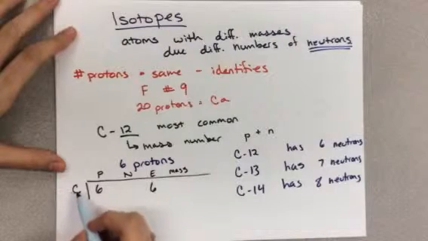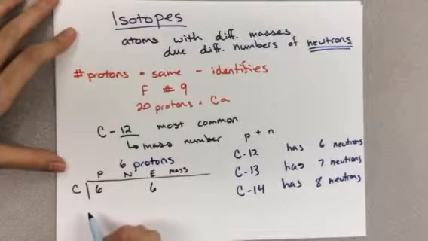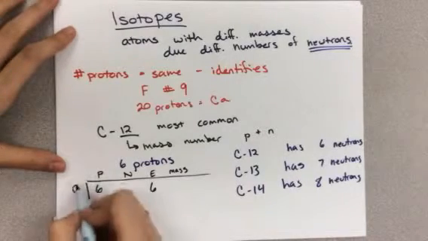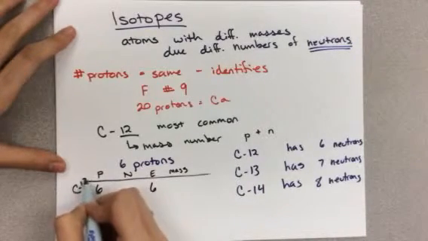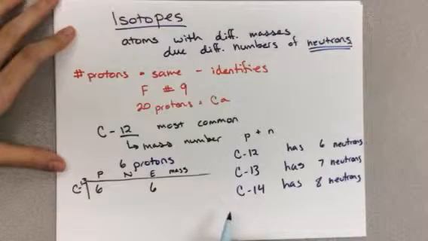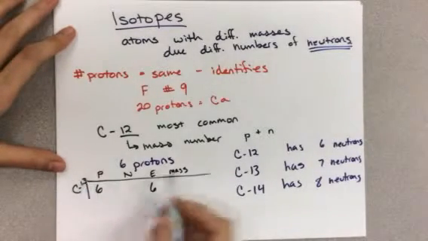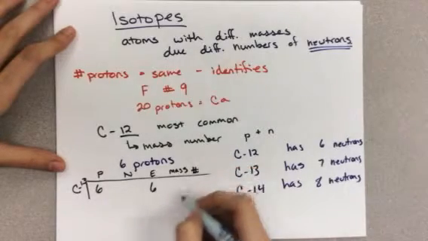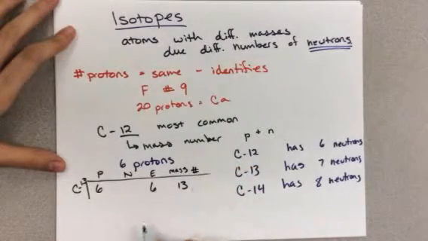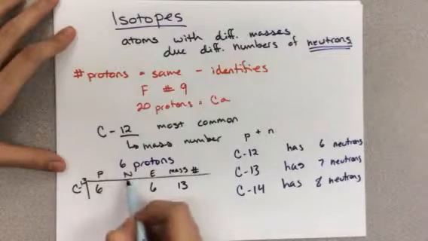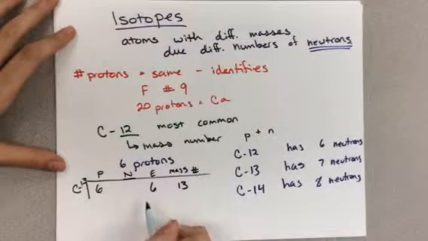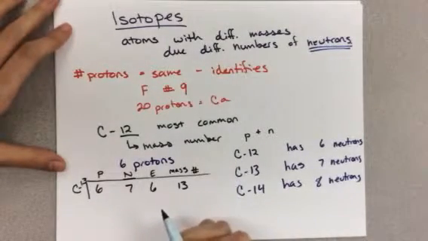Now, I didn't tell you what isotope it was. So let me give you this information. I'm telling you it's isotope number 13, or it's carbon 13. That means that 13 is the mass number. So it has a 13 mass number. And from that, you can determine the number of neutrons being 7.